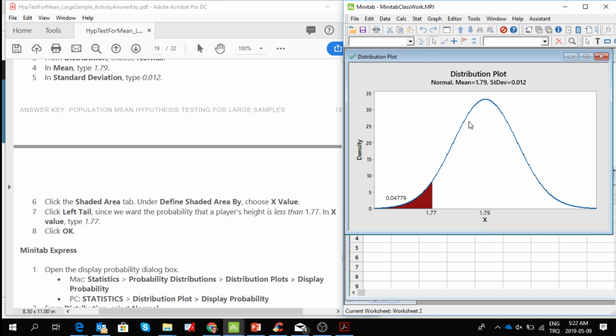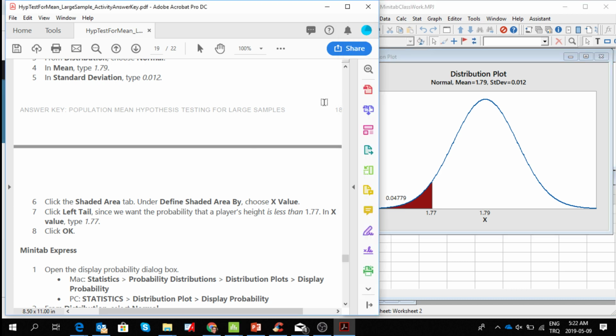When we click OK, we get the distribution plot, and in this graph we have all of the information. This is our normal curve. This is the value 1.77. This is the area, which is the probability for X bar less than 1.77. Here the mean is 1.79, standard deviation is 0.012, and the area of this shaded region is 0.04779.